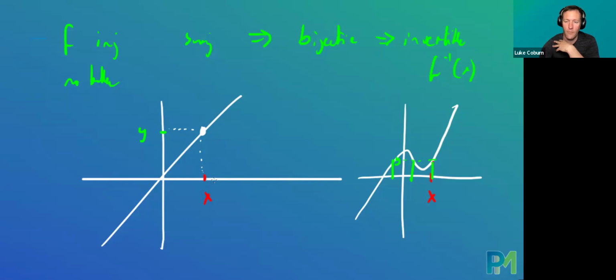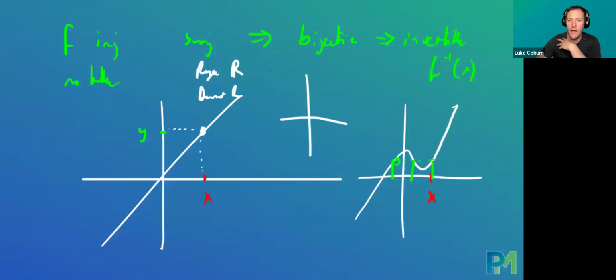Now, the last one then is, if it wasn't surjective, so let's pick a function that's not surjective, and we're going to say the range is R, and the domain is R. So we take f of x equal to e to the x. So it's never negative, right? So it goes up like this.